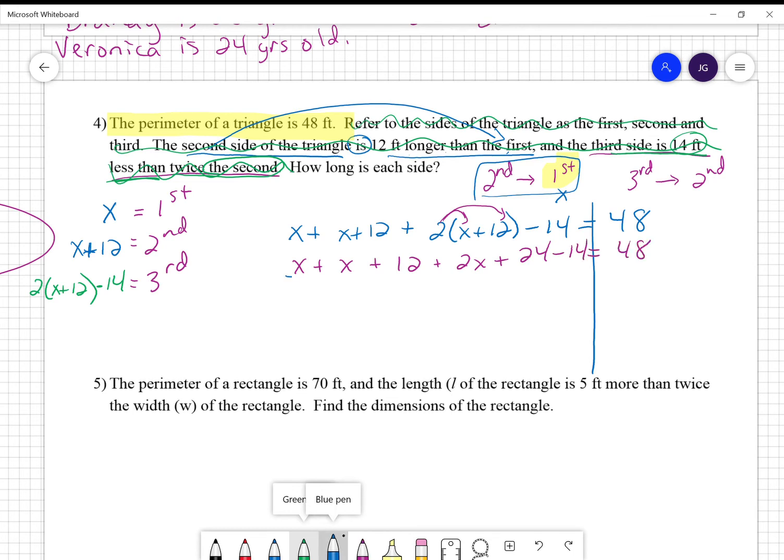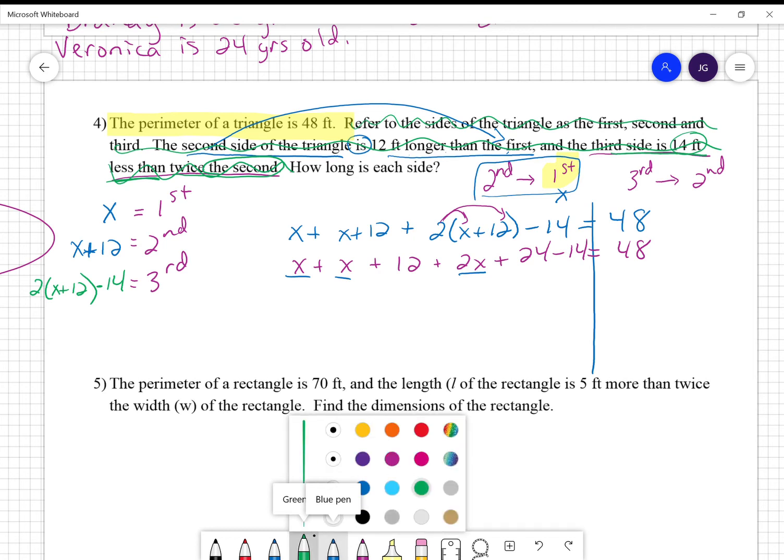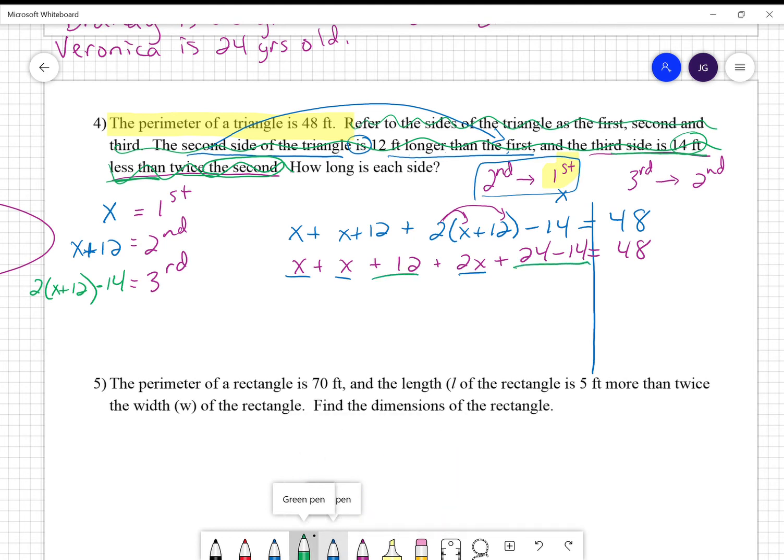I'm going to combine my x's and I'm going to combine my constants. So x plus x is 2x plus 2x is 4x. 12 plus 24 is 36 minus 14 is 22 equals 48.